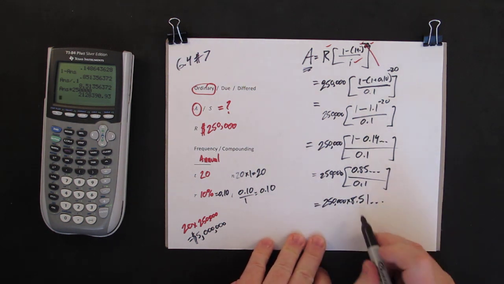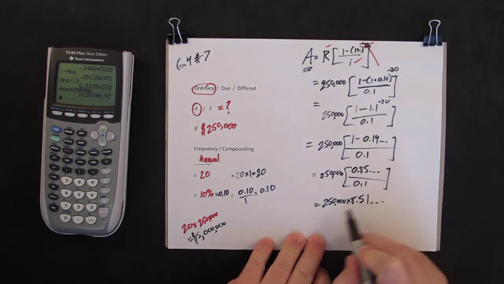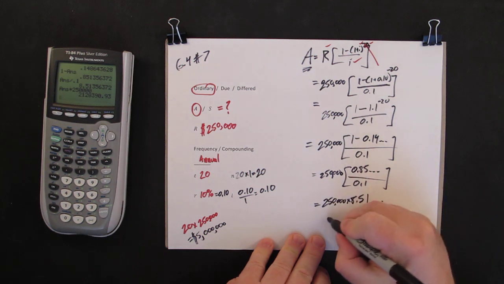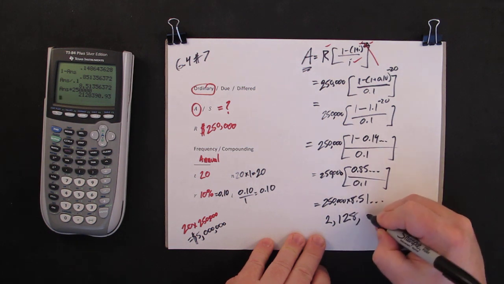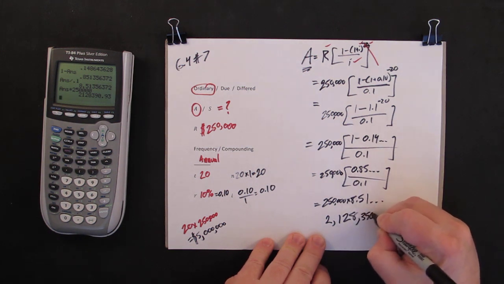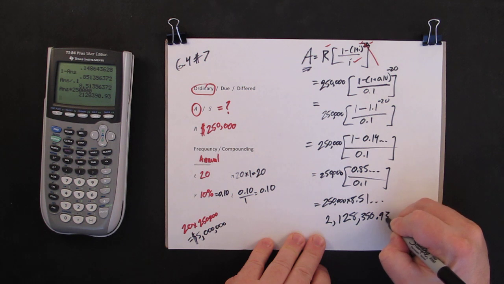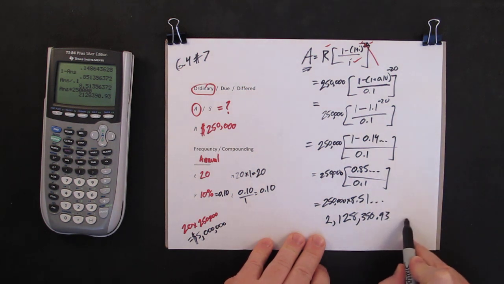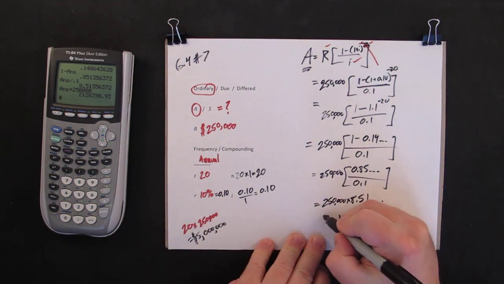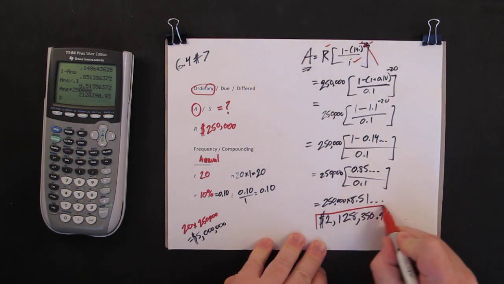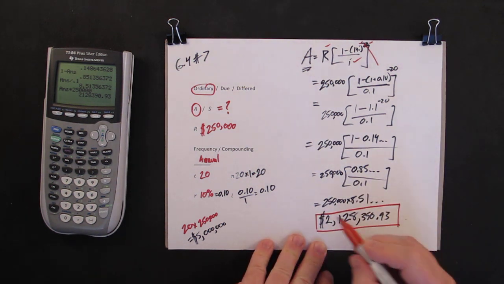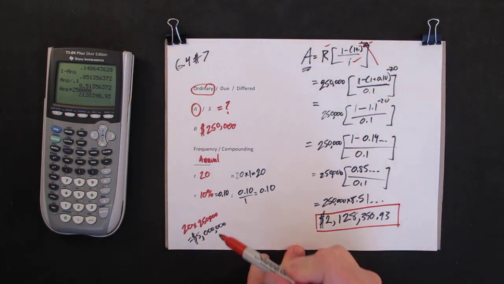So when we multiply this growth factor of 8.51 times the payment amount, you get 2,128,390.93. You might have more decimal points around. My calculator's run out of digit capacity on this, so that is the amount here. Now, if you compare this to 5 million, you'll notice that this is less than half.